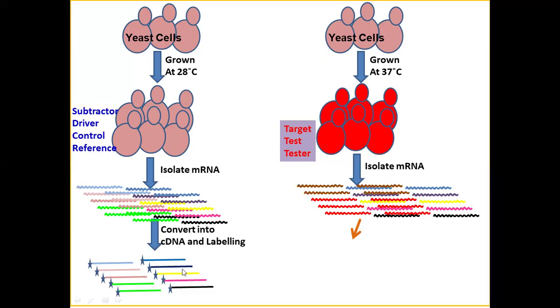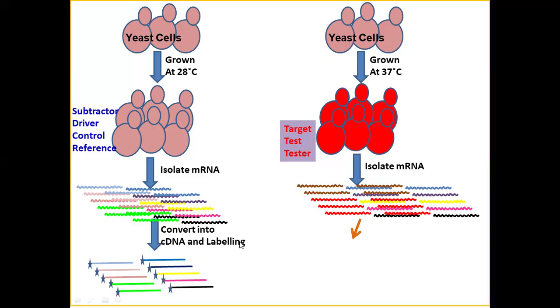These are single-strand cDNA molecules which are labeled. On the other hand, yeast cells are grown at 37. They are test or tester, right? Or target. So isolate mRNA, and you can see the mRNA molecules differ between the yeast cells grown at 28 and grown at 37, right?